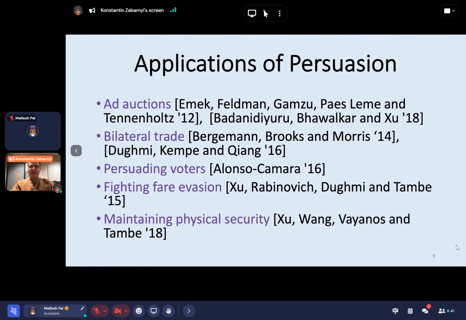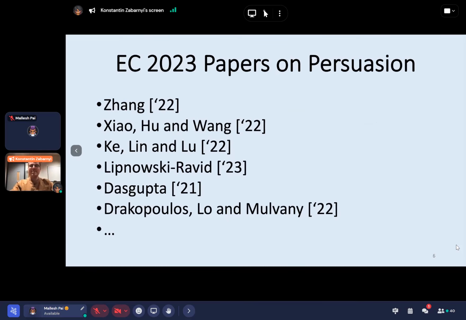And persuasion has been shown in the past to have many real-life applications, which include, but are not limited to, ad auctions, bilateral trade, persuading voters, fighting fare evasion in public transport, and even maintaining physical security. And also, just in this EC conference, we have quite a few papers on persuasion, and this is not an exhaustive list.